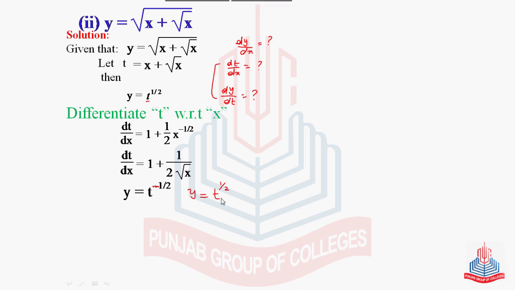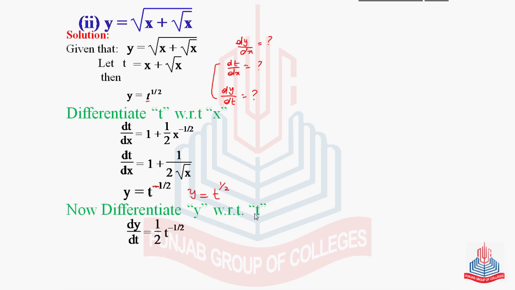So differentiate y with respect to t by using our power theorem, that will become dy by dt, and on right hand side that is 1 by 2 t raised to the power 1 by 2 minus 1, which is actually minus 1 by 2. So dy by dt is 1 by 2 t raised to the power minus 1 by 2. By shifting it to the denominator, this is actually 1 by 2 t raised to the power 1 by 2, and that can be written in the form of square root. So dy by dt is actually 1 by 2 square root of t.